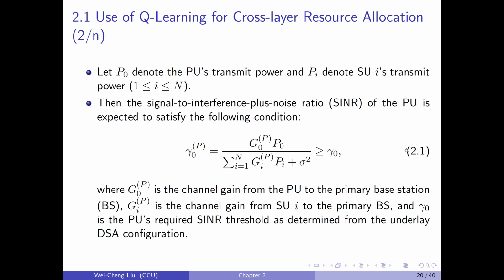In equation 2.1, the signal to interference plus noise ratio SINR of the primary user, gamma_0^p, is expected to satisfy the following condition: gamma_0^p is greater than or equal to gamma_0. Gamma_0 is the primary user's required SINR threshold as determined from the underlay dynamic spectrum access configuration.